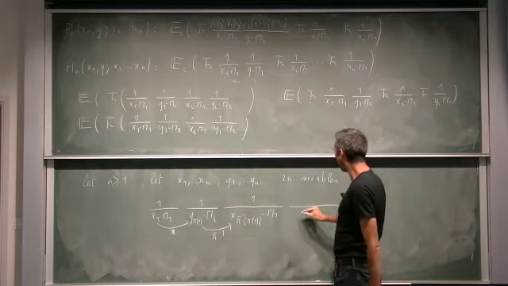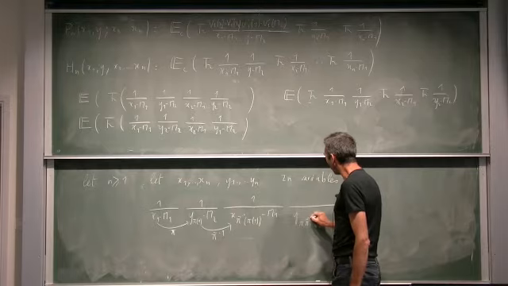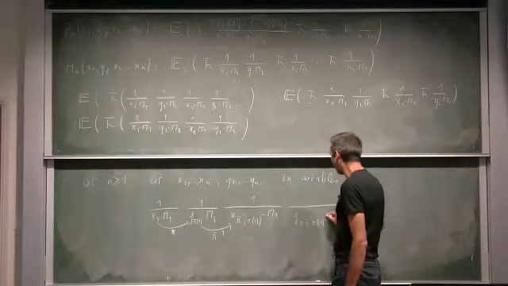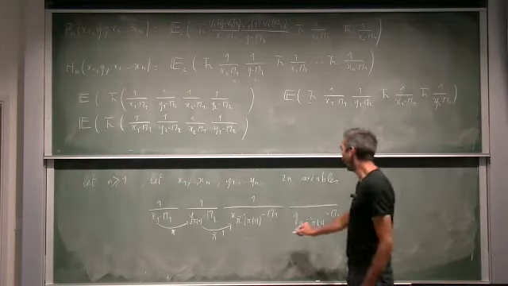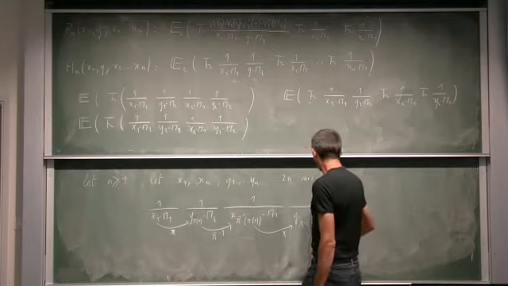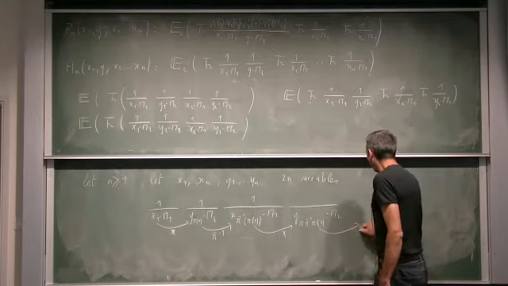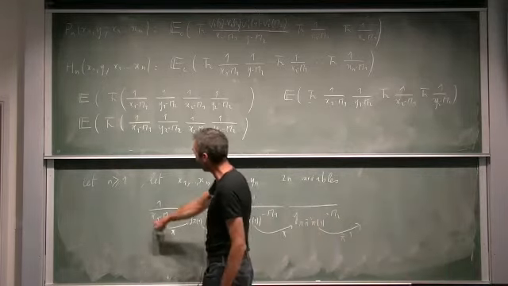Then the next one will be 1 over y of pi tilde inverse pi of 1 minus M2, and so on. Here you go again by pi, and you go again by pi tilde inverse until you reach back x1.